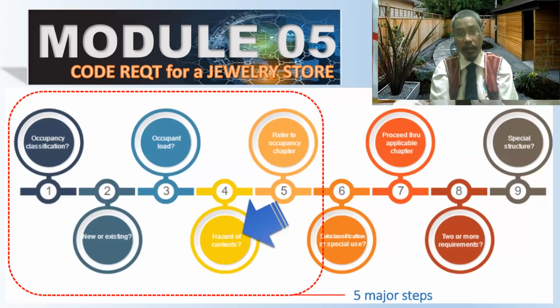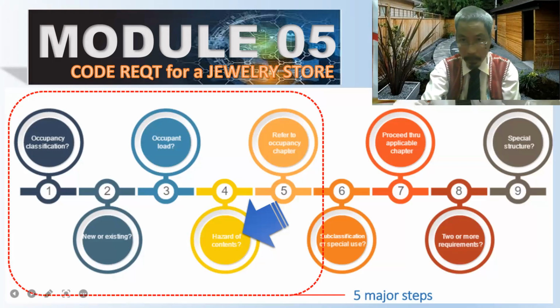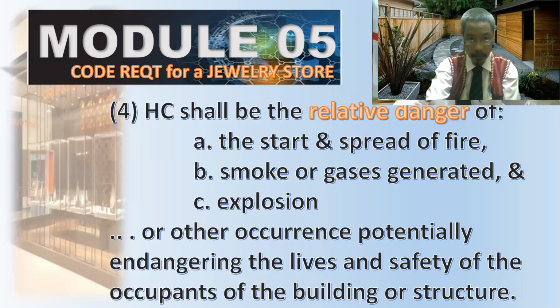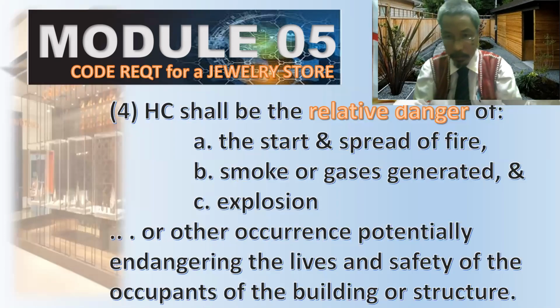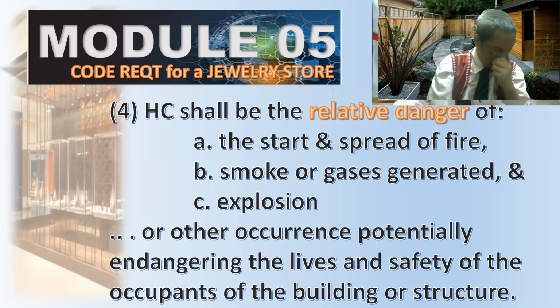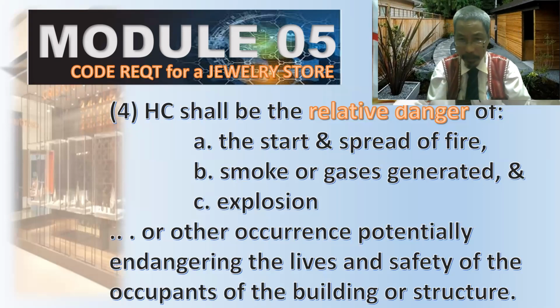So we'll read through. Let's go to number 4, which is hazard of contents. Hazard of contents shall be the relative danger of A, the start and spread of fire. And that is hazard.